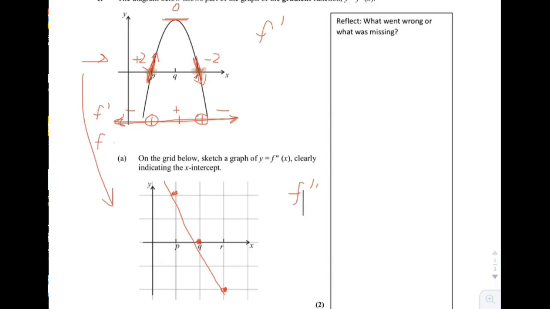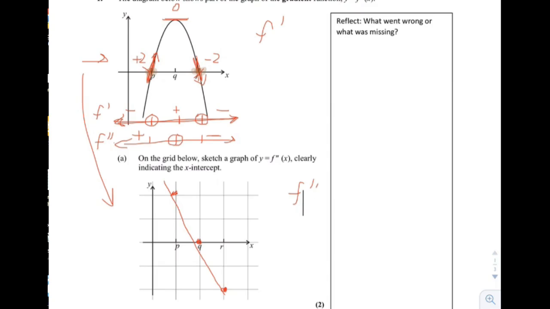Now what about the second derivative? The second derivative, we're going to draw a sign diagram for that too. P, Q, and R. And at Q there's a 0, and to the left of Q it is a positive value, and to the right of Q it is a negative value.